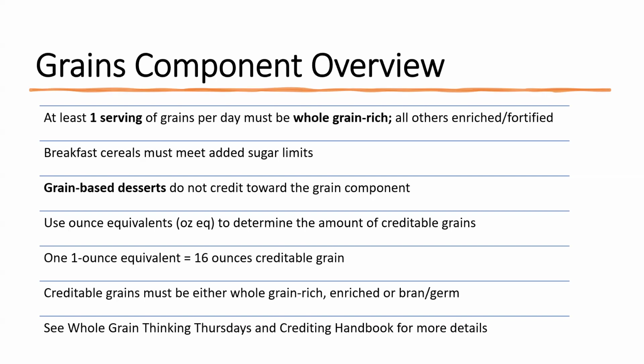And speaking of other Thinking Thursdays, I also have an entire whole grain Thinking Thursday that you will see uploaded soon with the full video. And then there's a lot more detail on them in the CACFP crediting handbook, which was just recently updated.